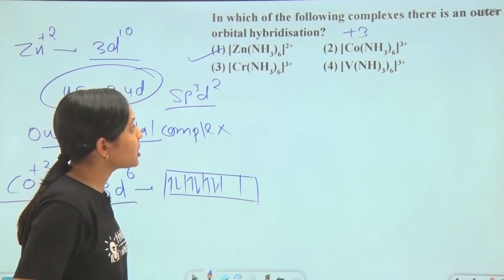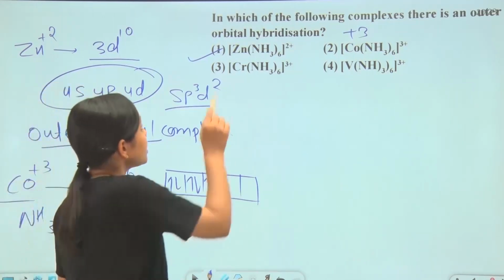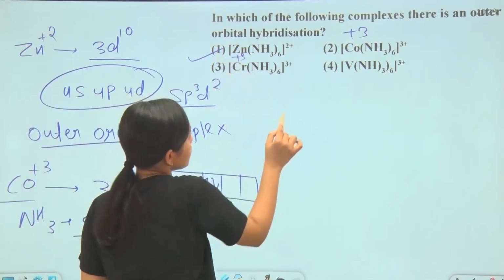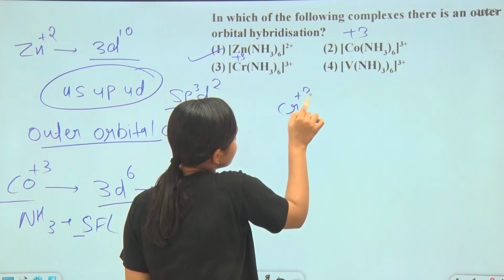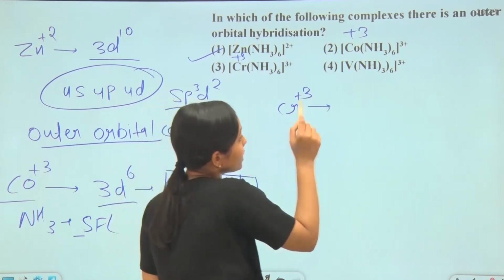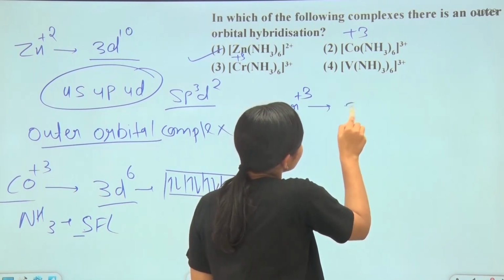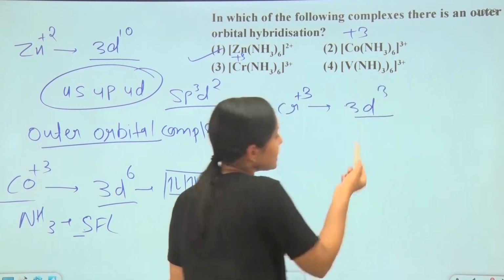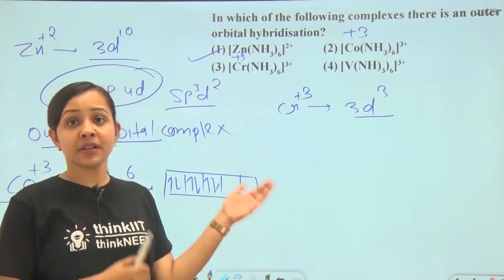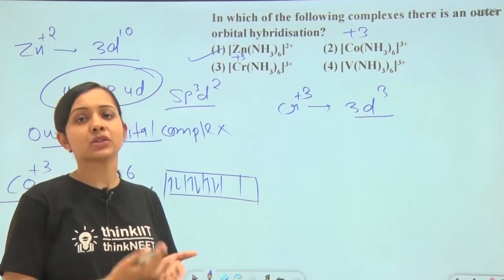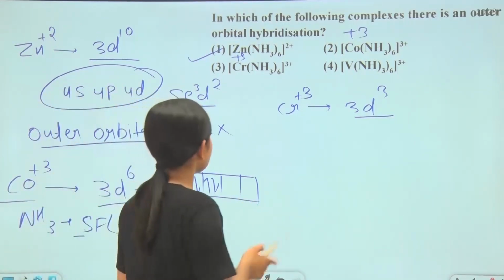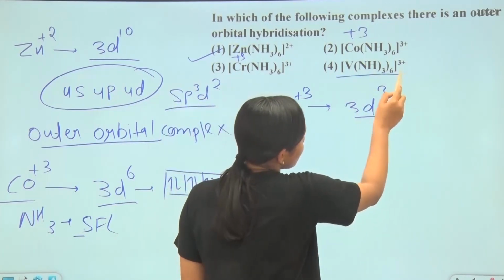Next is [Cr(NH3)6]3+. Here chromium shows a +3 oxidation state, so the electronic configuration of chromium will be 3d3. You can see that the inner d orbitals are vacant, right? So it is also an inner d orbital complex. Next is [V(NH3)6]3+.